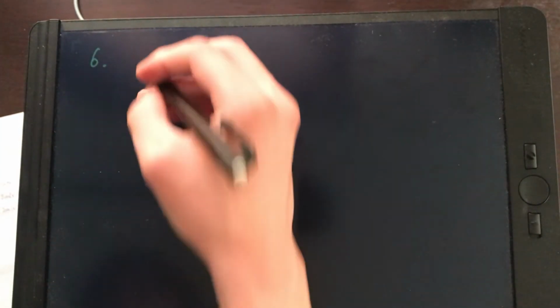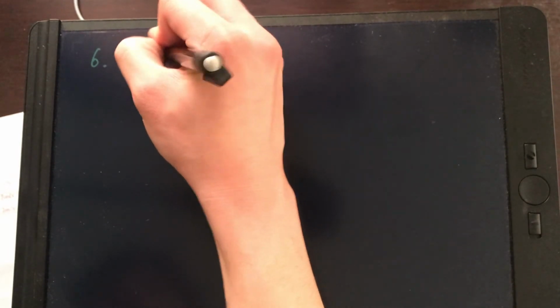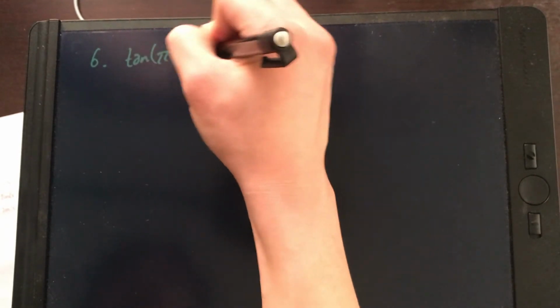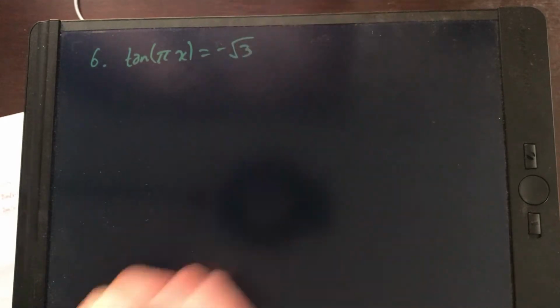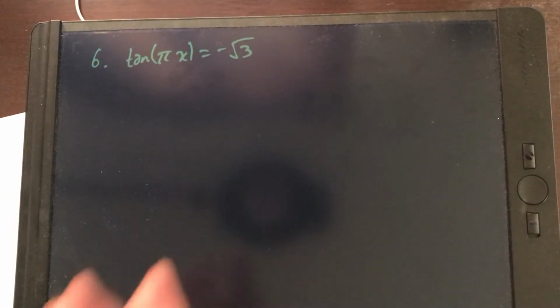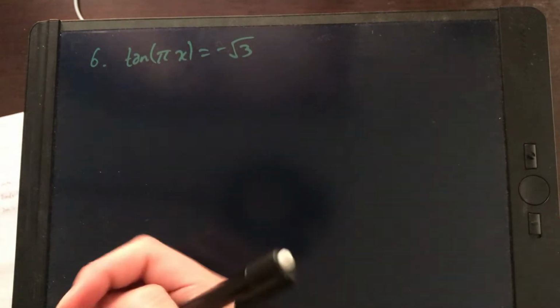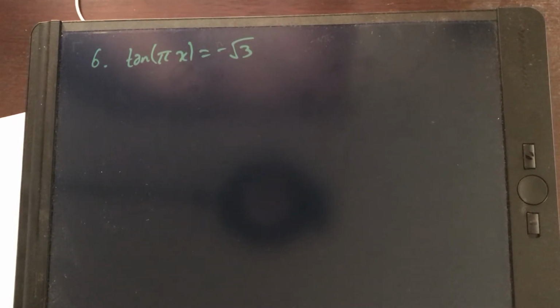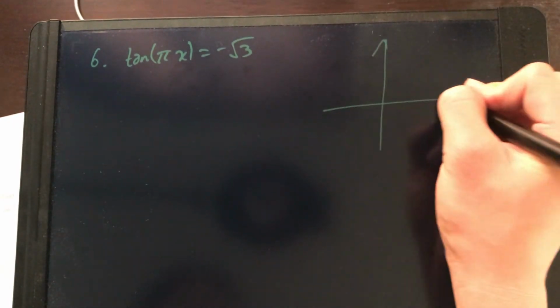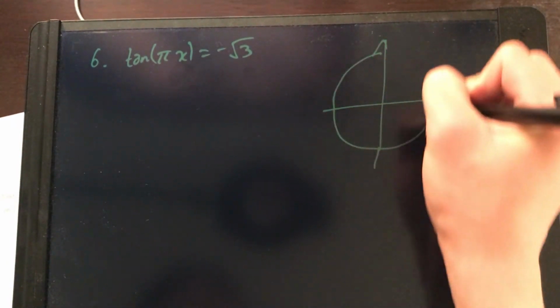Question 6, we're back to something a little more familiar. We have tangent pi x equals negative square root 3. And you might recognize negative square root 3 as something very familiar to the tangent function. You'll remember an exact value for it maybe, or perhaps just square root 3. But again, unit circle, systematic. I draw the unit circle.